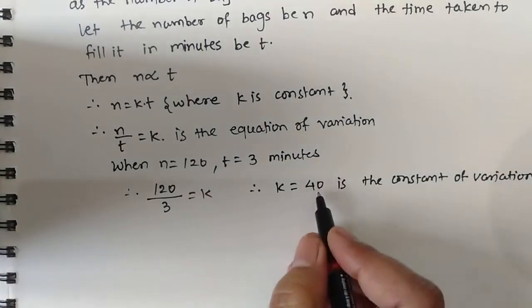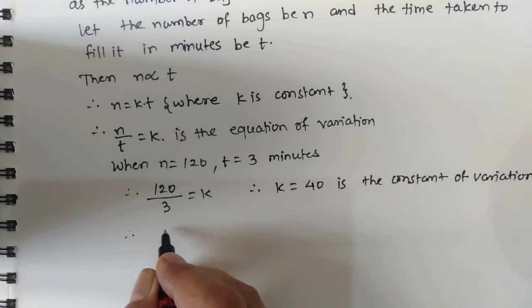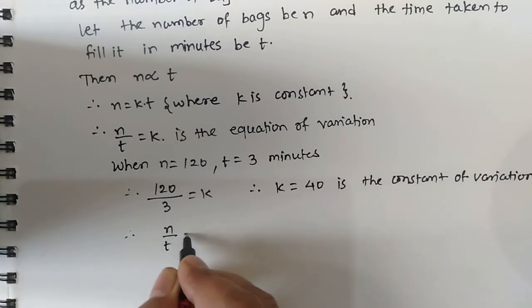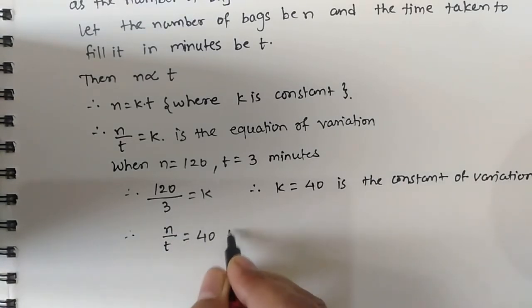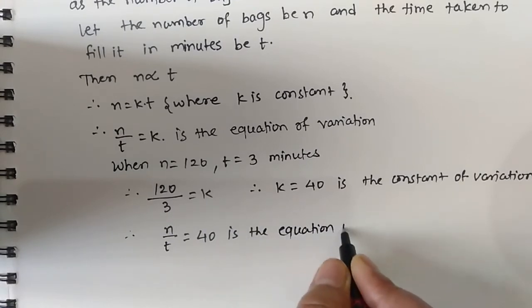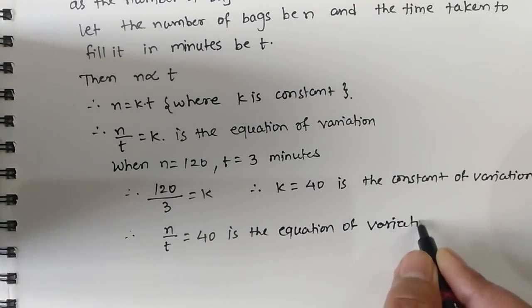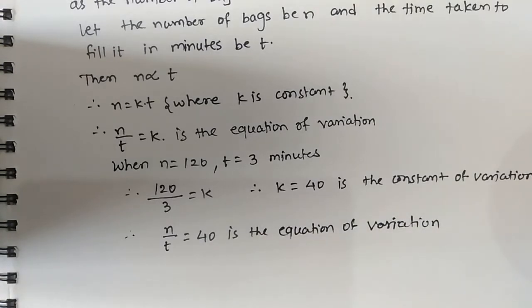Now put this value of k in the above equation. Therefore the equation becomes n upon t is equal to 40, and this is the equation of variation. Now by using this equation we find out the time taken to fill 1800 bags.